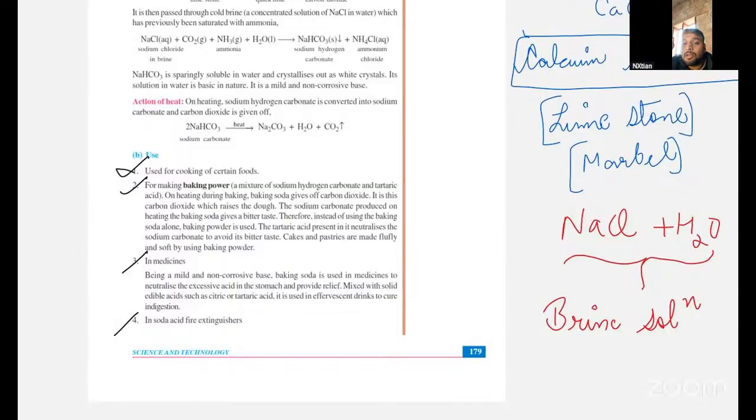That will also relieve the stomach. Why? Because acidity means acid flux, the acid is there in the stomach, which is coming to your esophagus and burning the esophagus. This is the meaning of acidity. So what we can do, we can give a base, like acid plus base will neutralize it, and the burning sensation will go off. So in medicine we can use it.